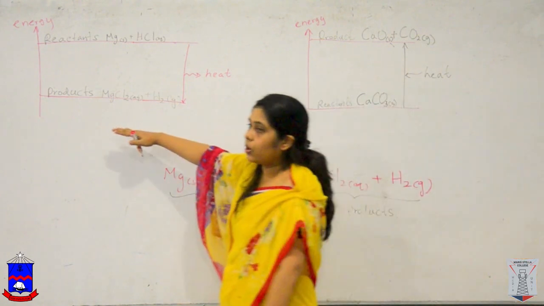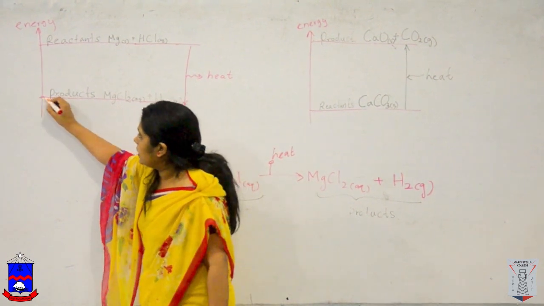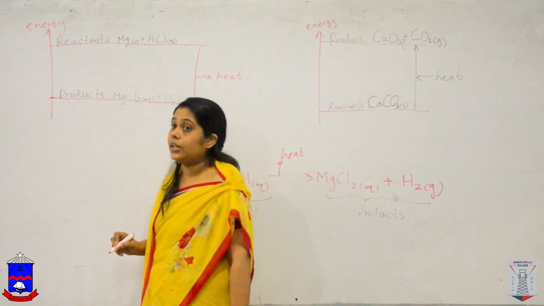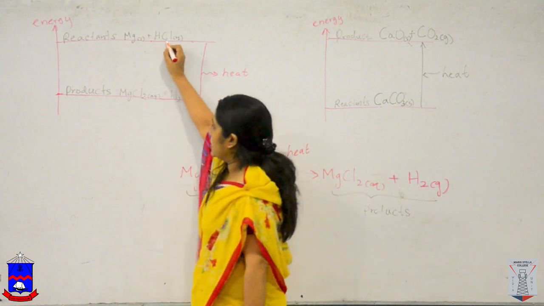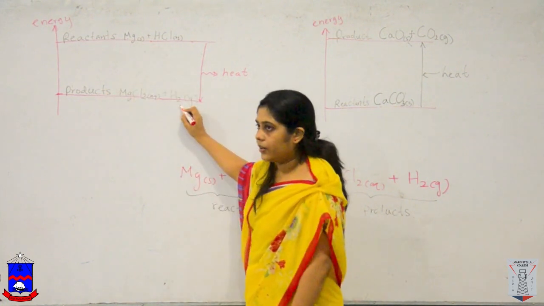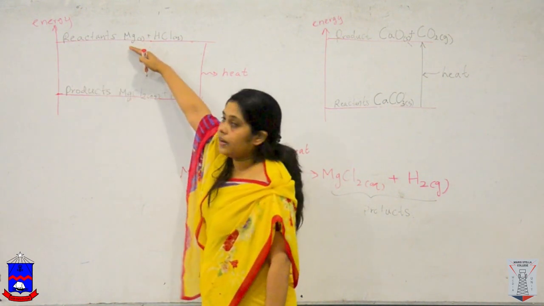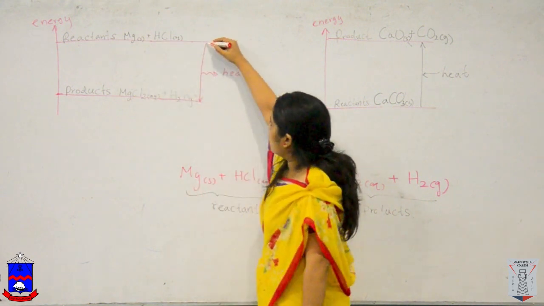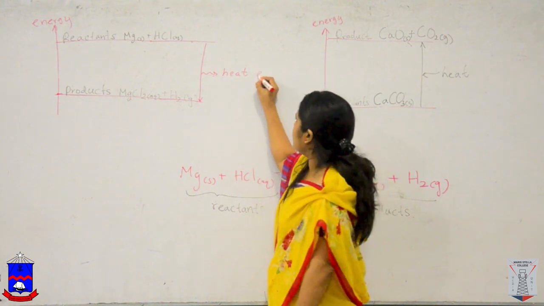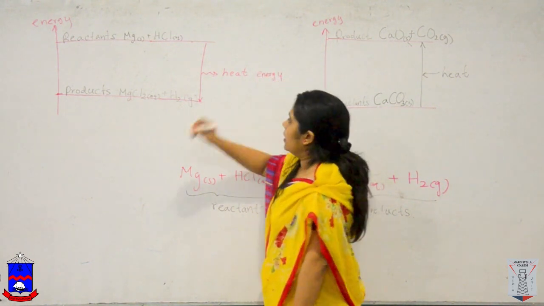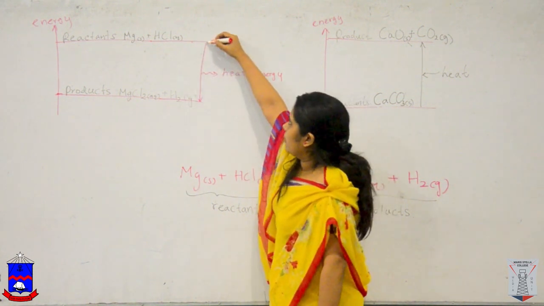So in this diagram, the energy of the products should be at a lower level than the reactants. The reactants are magnesium and HCl, the products are magnesium chloride and hydrogen. And you have to show the released heat energy, and show the decreasing energy during this process with an arrow.